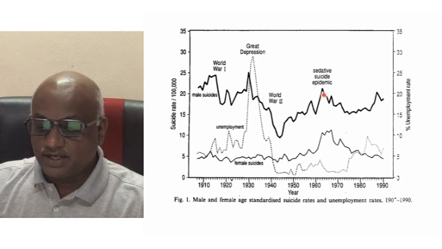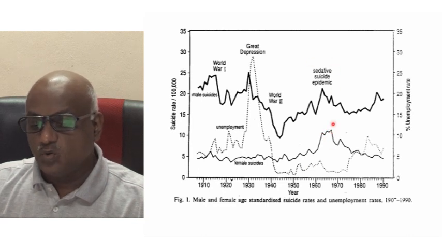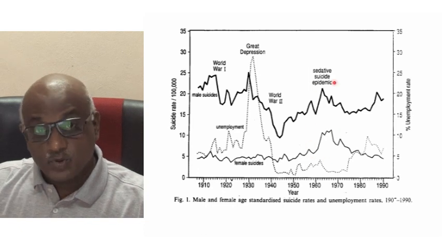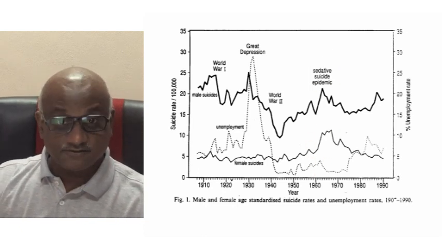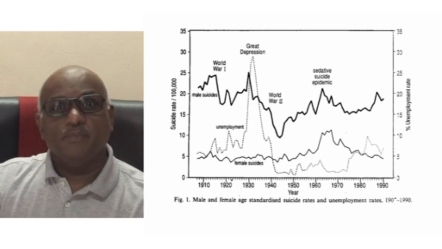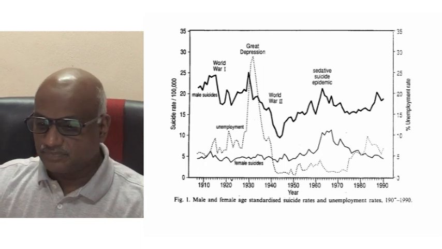And when the epidemic went down, it went down. So naturally, this also supports the view that when media or by any other means, when people come to hear about a particular method of suicide, they tend to do it more. And that's why we want the media to control and manage suicide reporting.